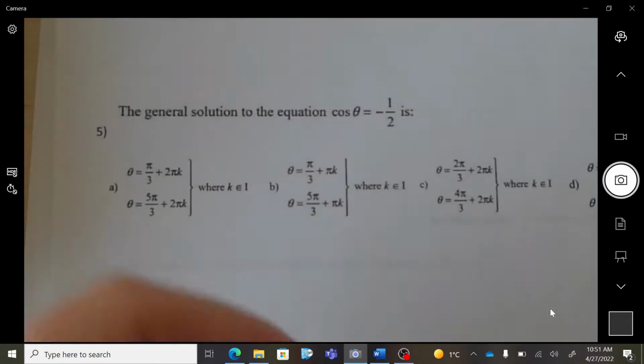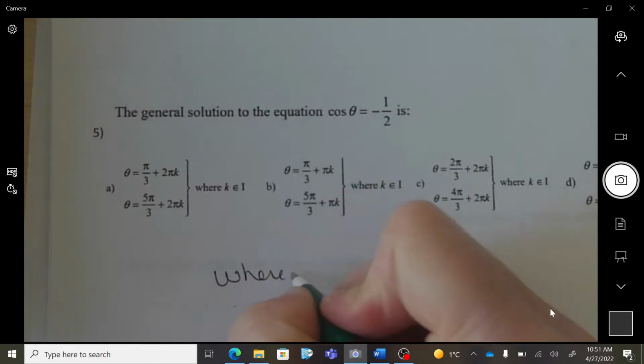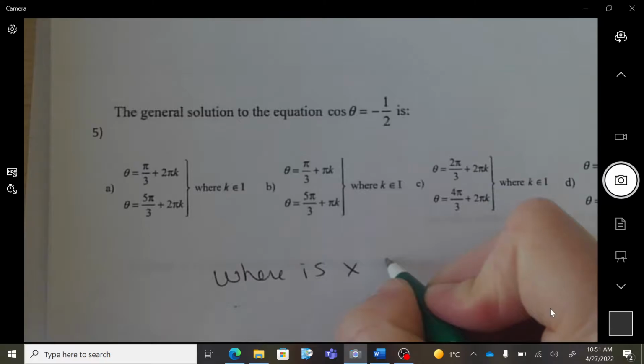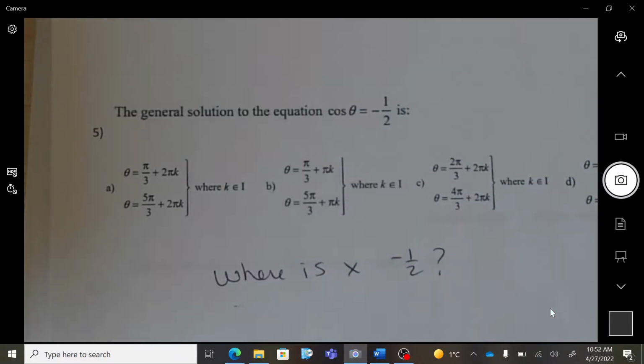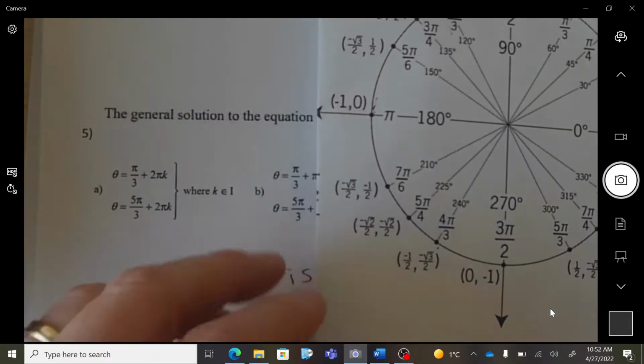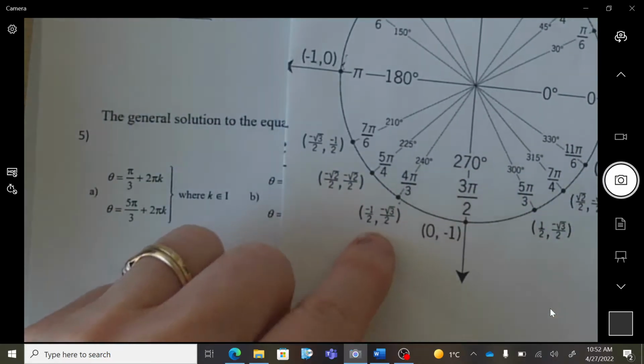Okay, number 5. What's the solution for this? So let's think. Where is x -1/2? That's where I'm thinking. So on my unit circle, where is x -1/2? Right here and right here.